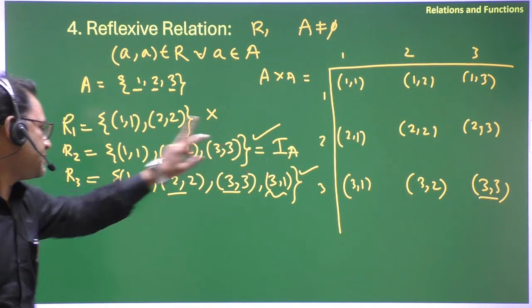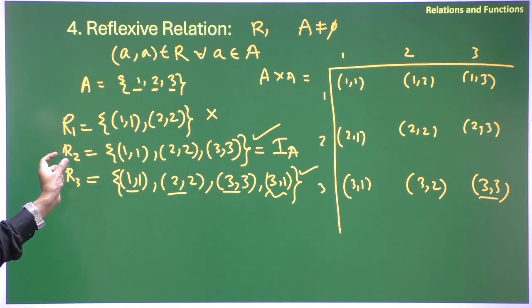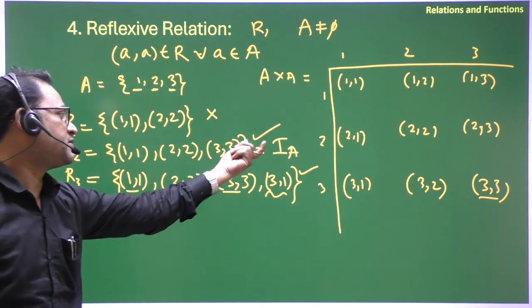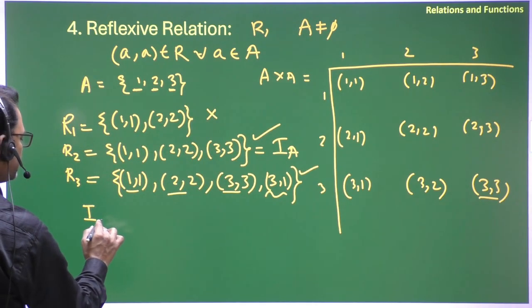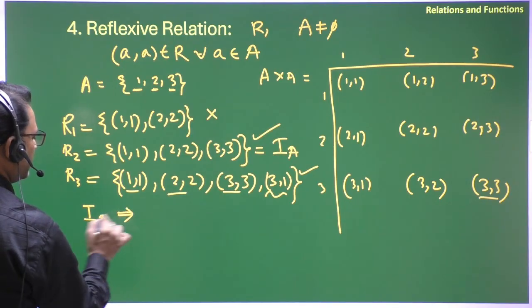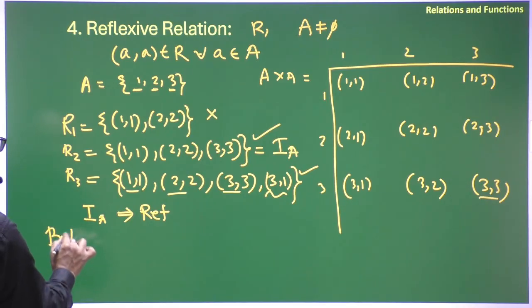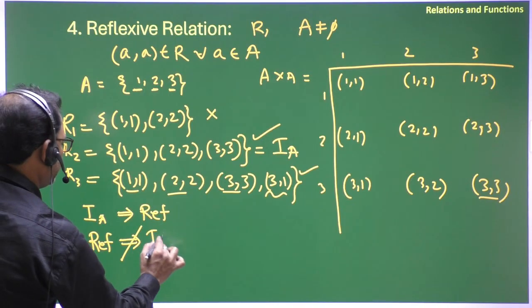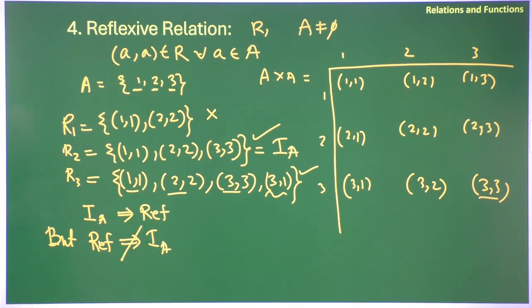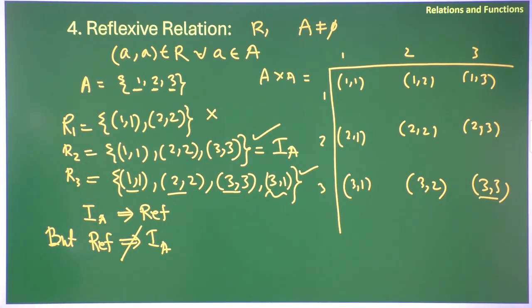Every identity relation is a reflexive relation, but every reflexive relation is not an identity relation. An identity relation on a set A implies it is reflexive, but a reflexive relation does not always imply an identity relation on the set A.